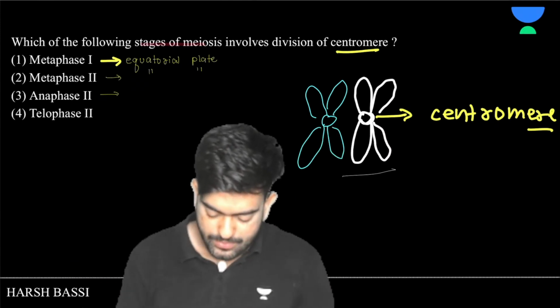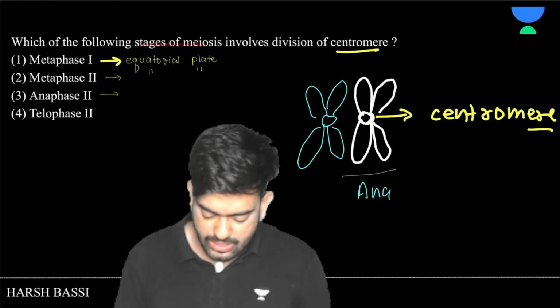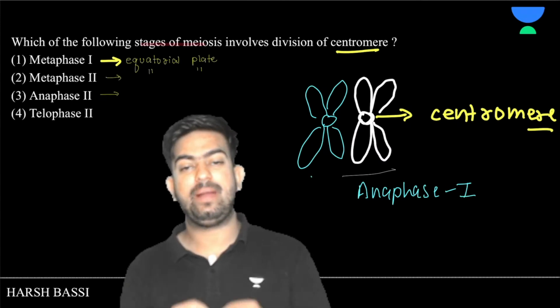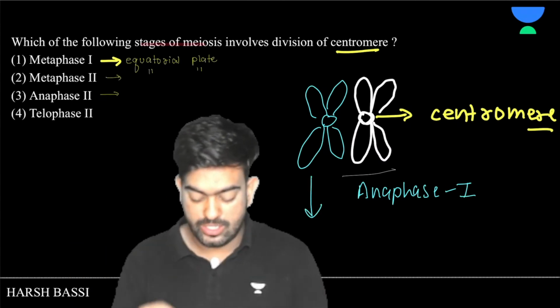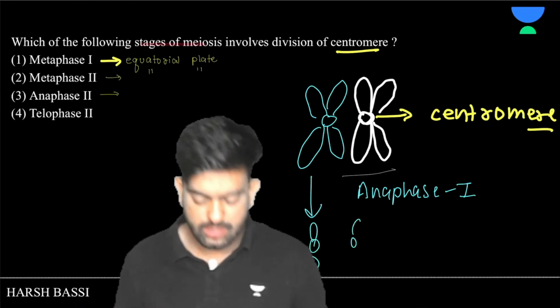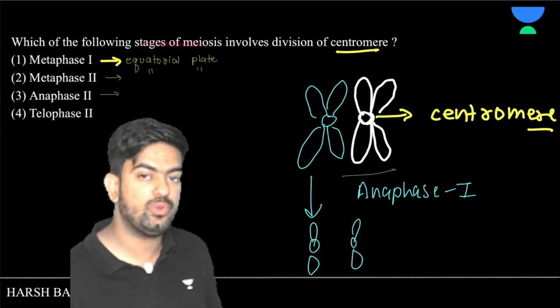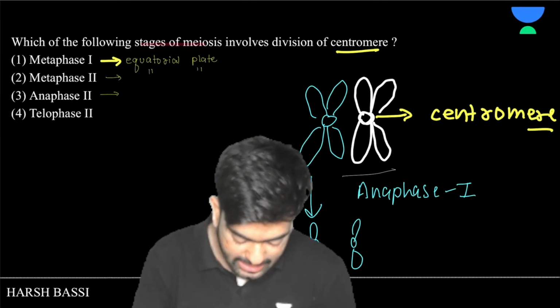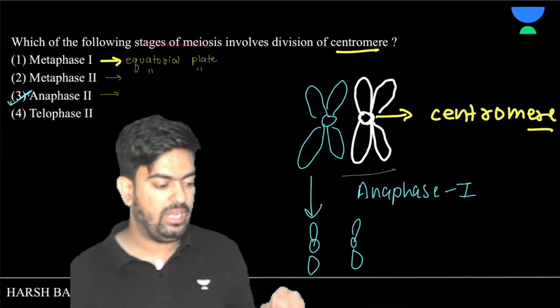And when it came to anaphase 2, what happened? The centromeres were broken. So in which stage is the centromere going to break? The centromere is going to break at the stage called anaphase 2.